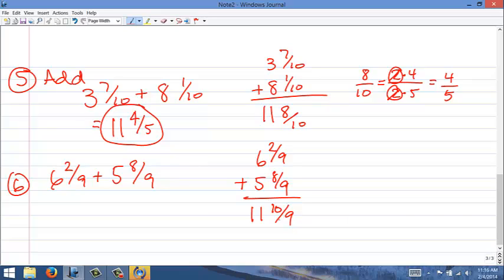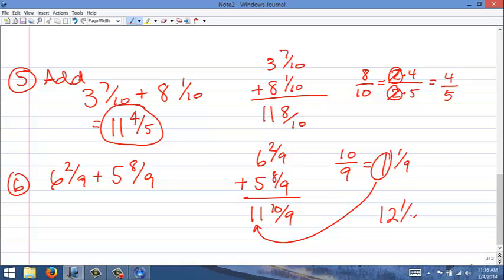So what we can do is take that 10 over 9 and think of it as one whole pie plus 1/9 of a piece of pie left over. So what we have to do is take that 1 from here and attach it to that 11, bump that thing up to a 12, and that'll actually give us 12 and 1/9 in that case. So that gives us our final answer for that guy.